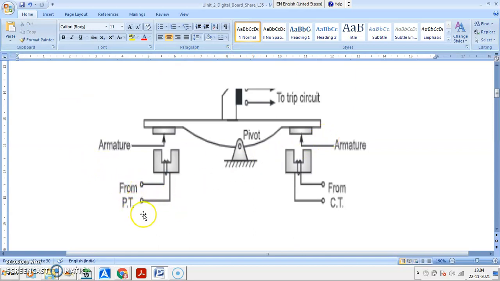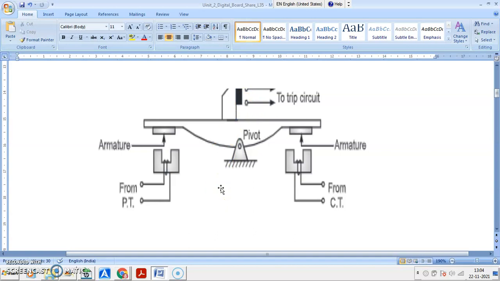So you are having this diagram. You can see this is the voltage, this is current, because distance relay operates on the ratio of V by I. Then you are having this voltage coil, current from CT fed to this current coil, voltage from PT fed to voltage coil. This is pivot, this is armature, and this is trip circuit.